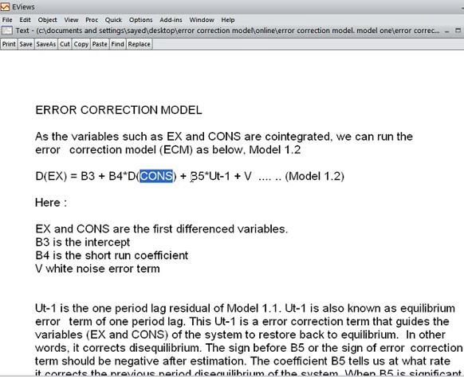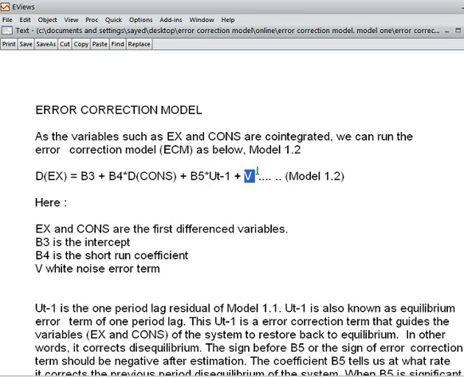And then another coefficient, which is B5. B5 is the coefficient of ut minus 1. What does u mean? ut minus 1 is actually called the residual, the one period lag residual. That means the residual but one period lag.